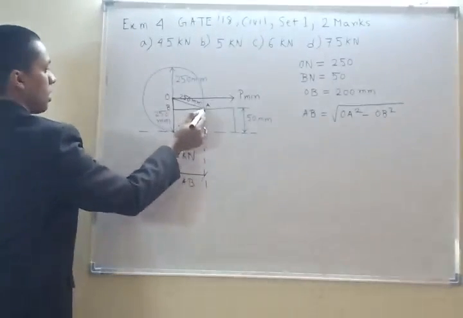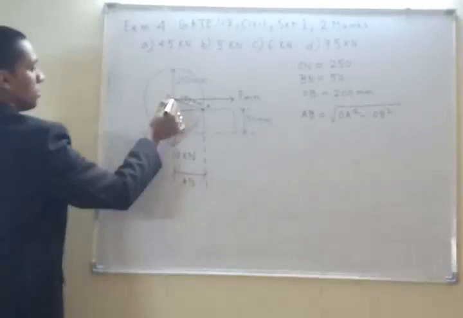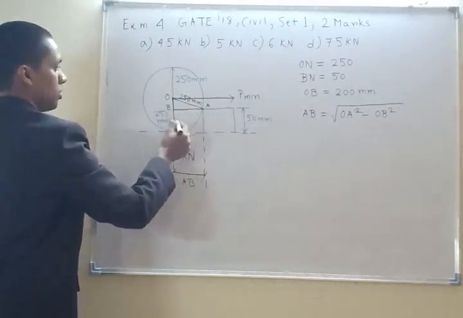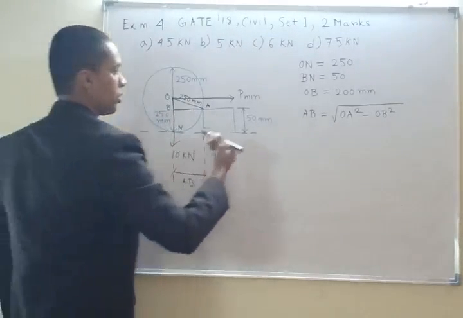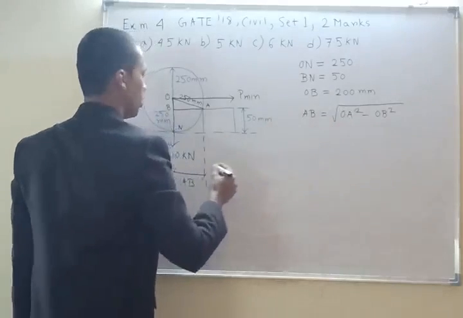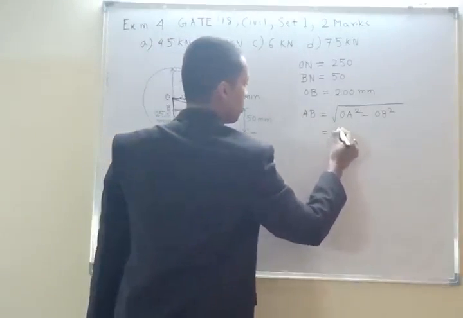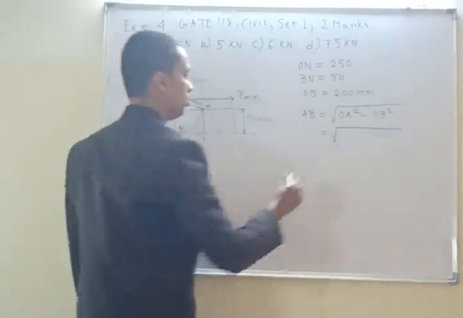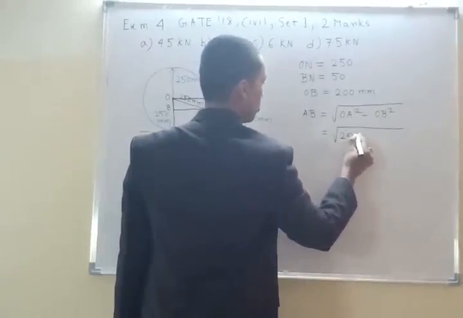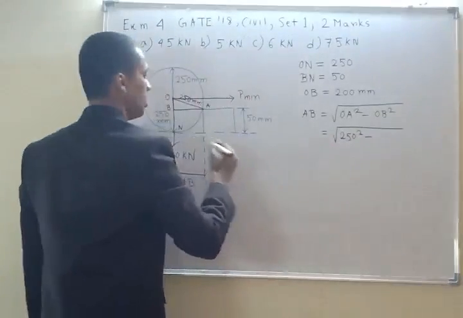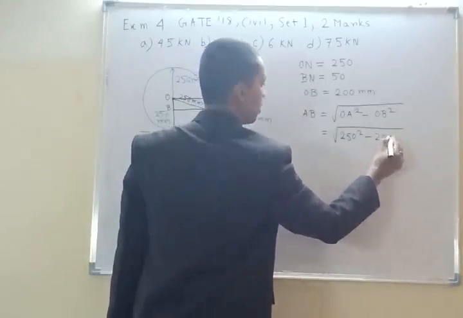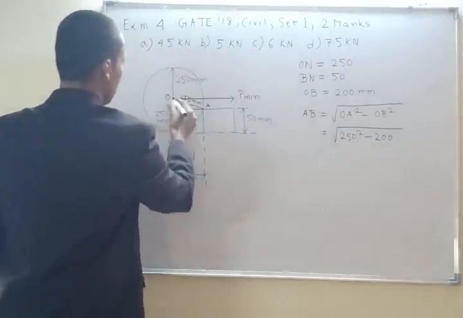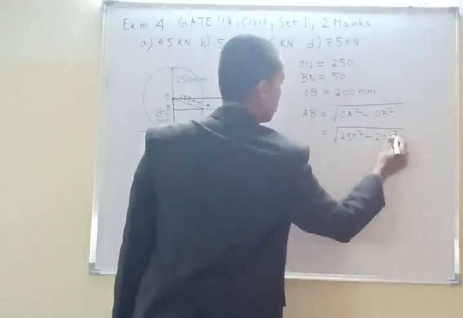See, this is the hypotenuse, this is the height, and this is the base. So OA square is 250 square minus OB square, 200 square.